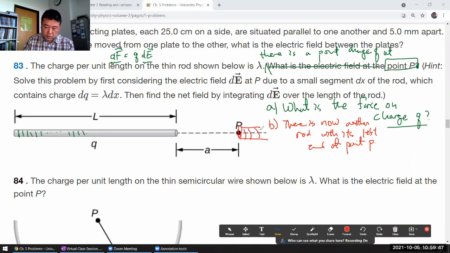The question could specify the parameters of this rod. Maybe it has the same length as the other rod, or maybe it doesn't, but it would specify enough of the parameters to tell you how much charge is on this rod and all that. And then someone asks, what is the force on this rod?